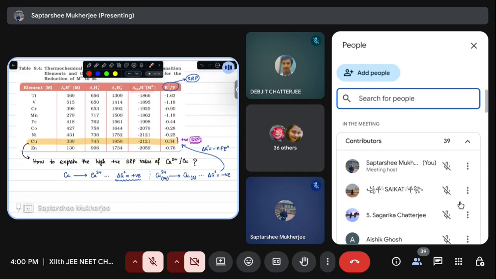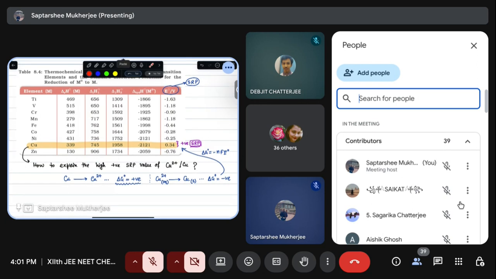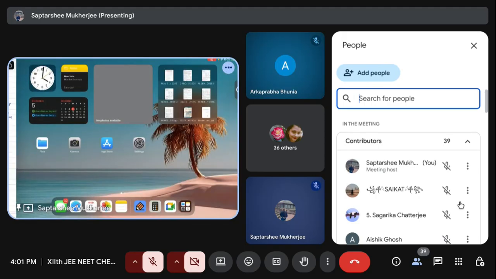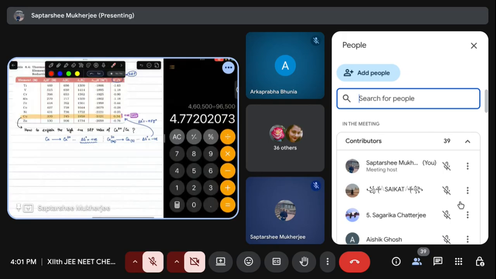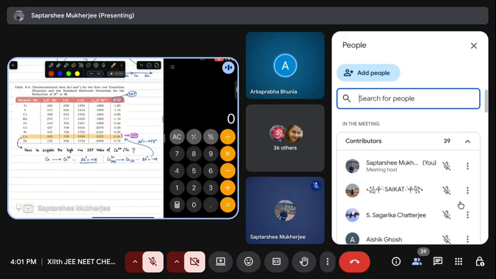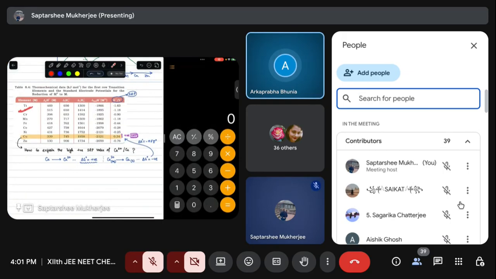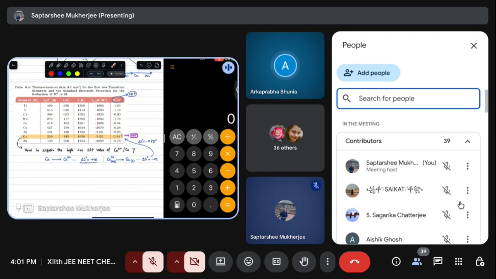Can you follow? If the hydration enthalpy can compensate, let's see, we do this addition.